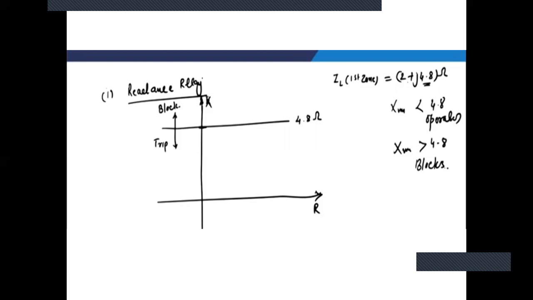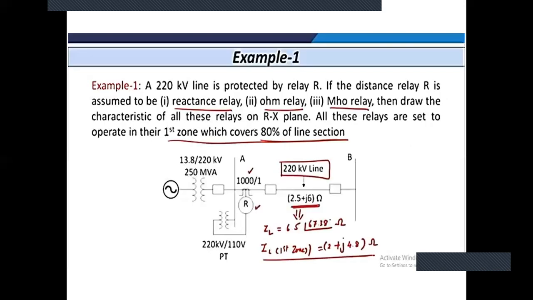So we have to draw a tangent line with this line. If I take the angle, which is 67.38, as we have converted it into polar, in the polar form the angle is 67.38.